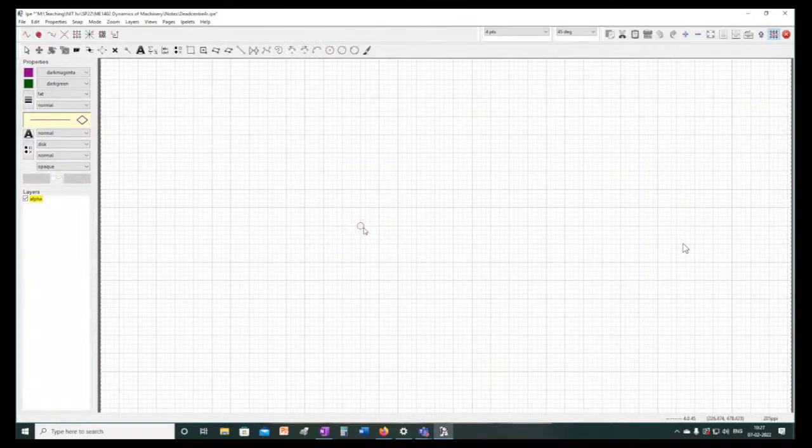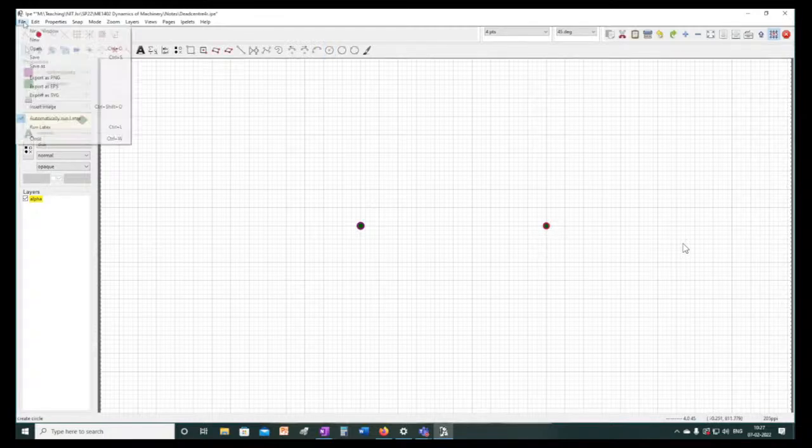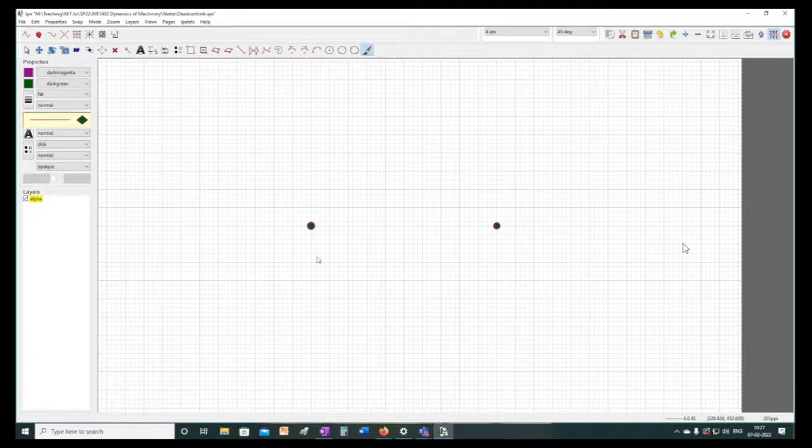In that case, if it is not given, you have to assume some positions. Okay, so these are the 2 points. Suppose these are the 2 points we have for the points O2 and O4. I'm writing here.